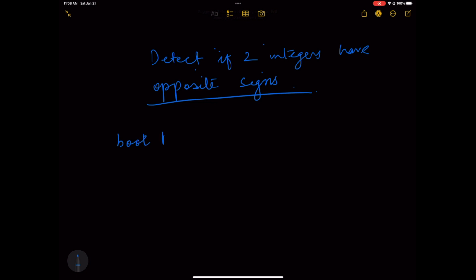we'll take a boolean, bool f equals x XOR y less than 0. Okay. How does this work? We learned in the previous video how negative numbers are represented in memory.